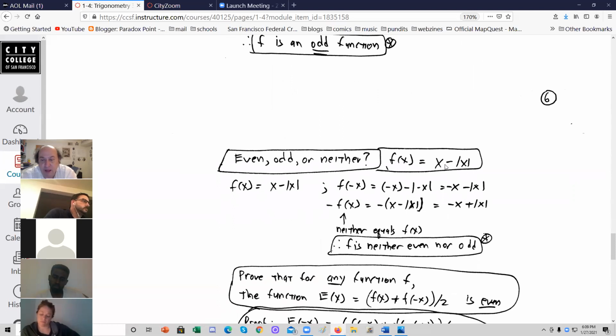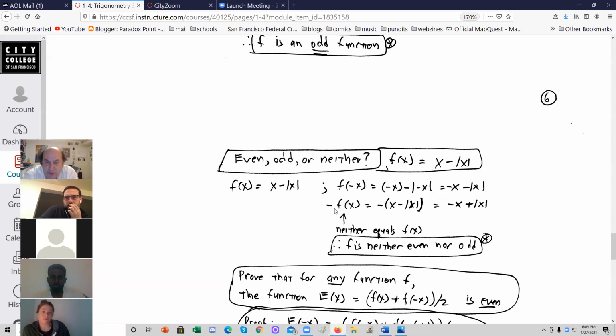Here we have x minus absolute value of x: even, odd, or neither? All right, f of x equals x minus absolute value of x. So f of negative x is negative x minus absolute value of negative x. The absolute value cancels out the negative here, minus comes here. Now, this is not the same as f of x, so this is not an even function.